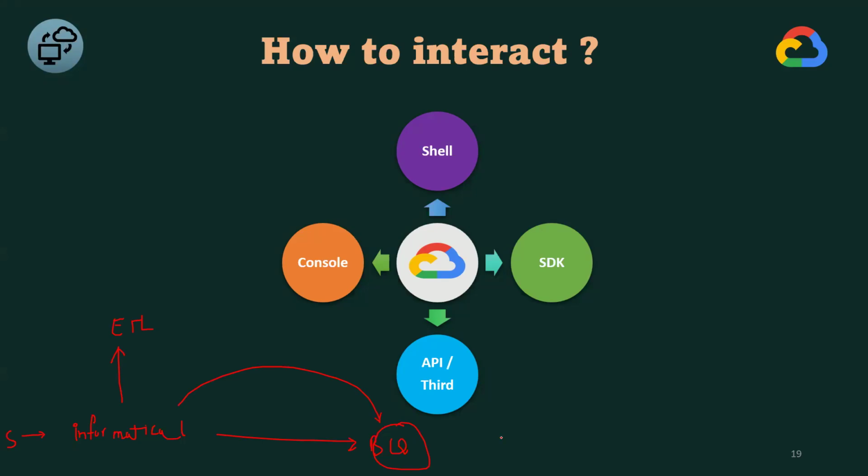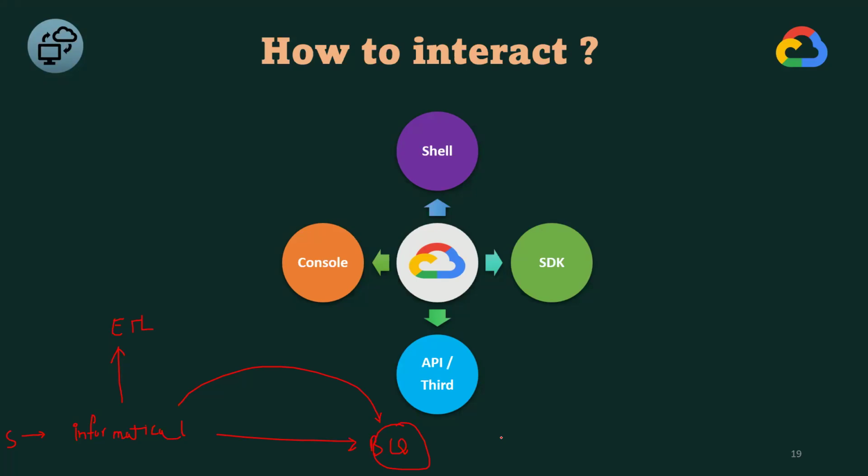This is what we call third-party tools. You also have IDEs, integrated development environments such as VS Code. There are plenty of others such as GitHub, and other tools that try to interact with the GCP services. That's the reason we call them third-party tools.